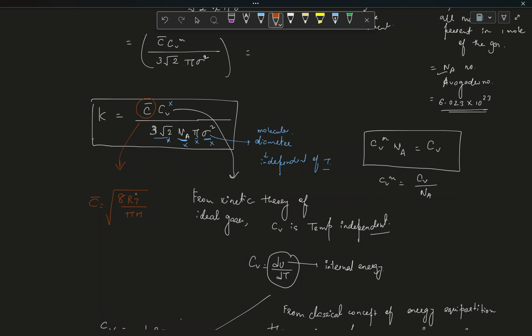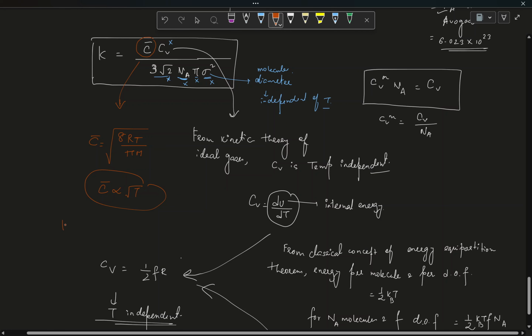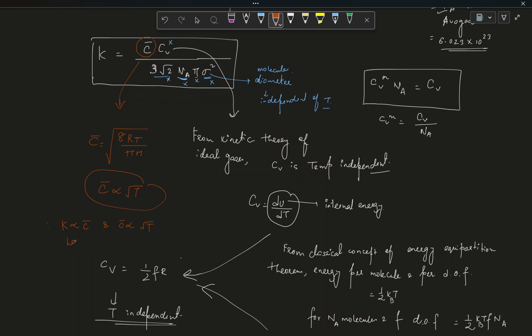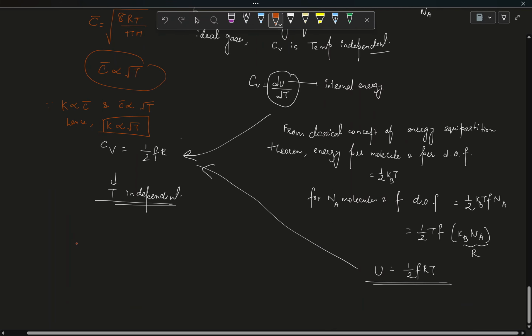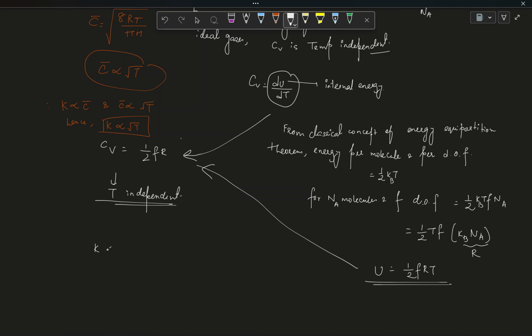C bar is proportional to root over T, and since K is directly proportional to C bar, you can combine them and get that K is directly proportional to root over T. So the relation between temperature and thermal conductivity is that K is directly proportional to the square root of T. Sorry.